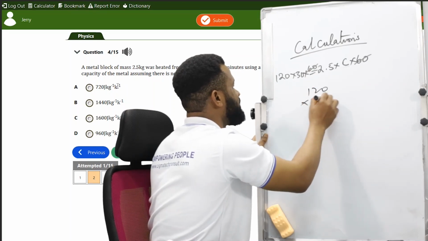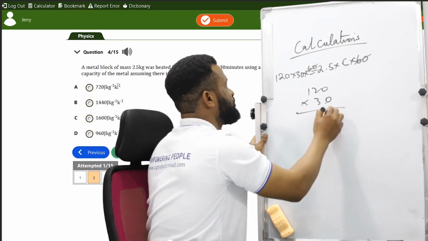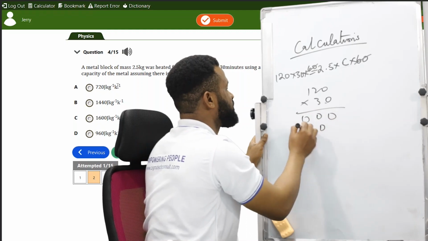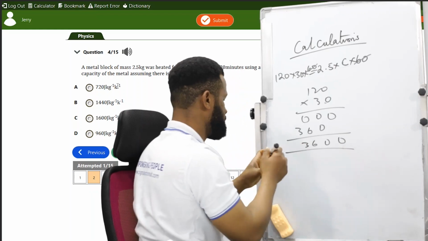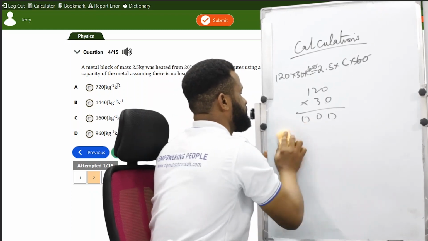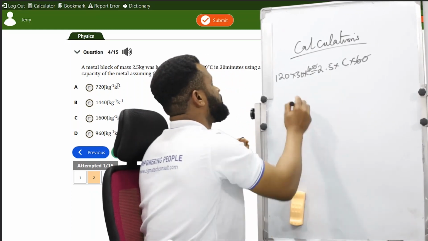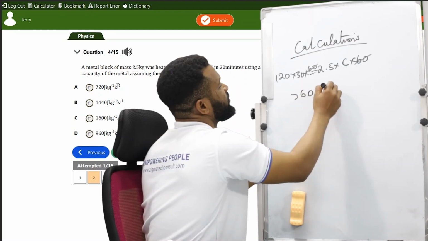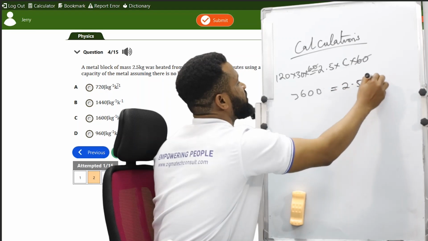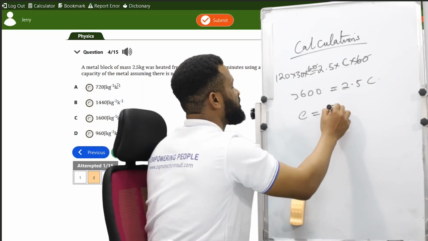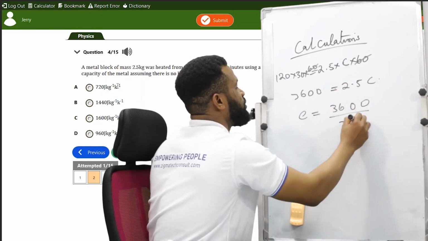So I have 120 times 30, which is 3600, which is equal to 2.5 C. So C is going to be equal to 3600 divided by 2.5.